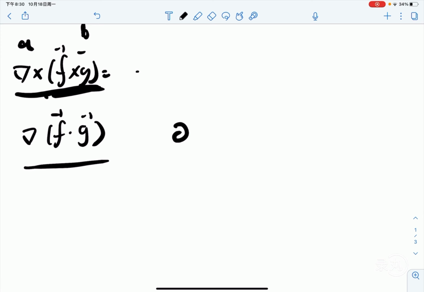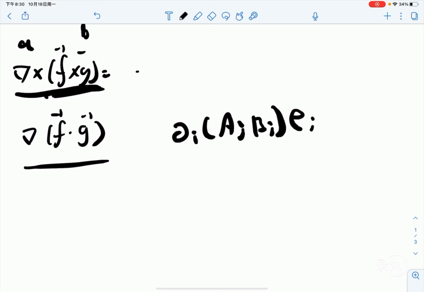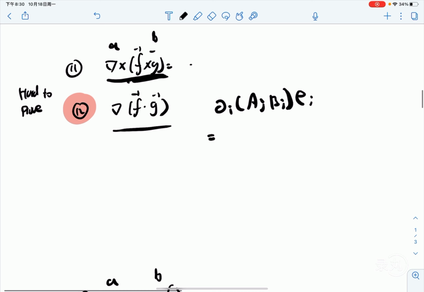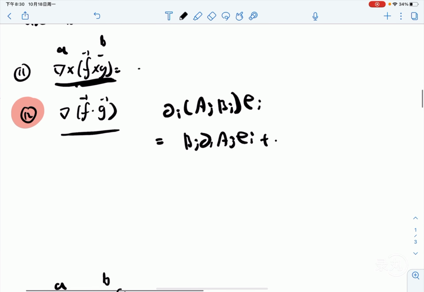So this one is just equal to, let me see, this one's I, j, bj, I, which by the chain rule is bj, I, rj, ei, plus rj, bj, ei.